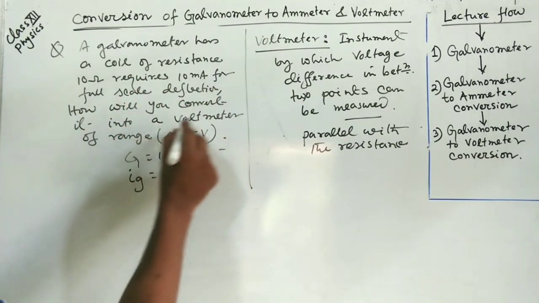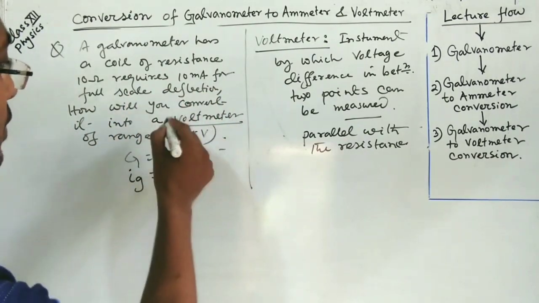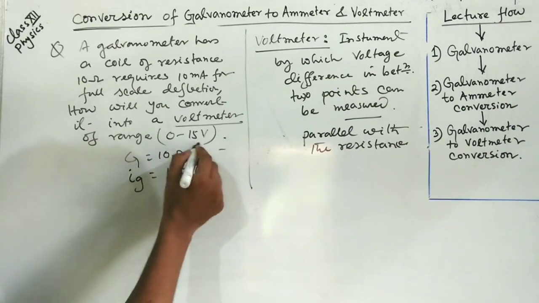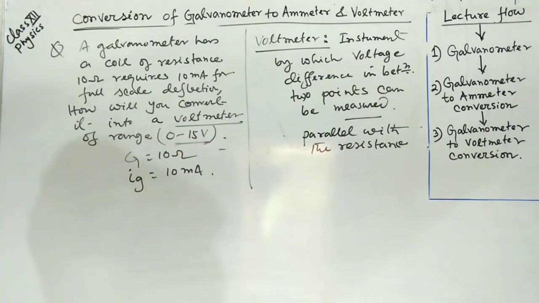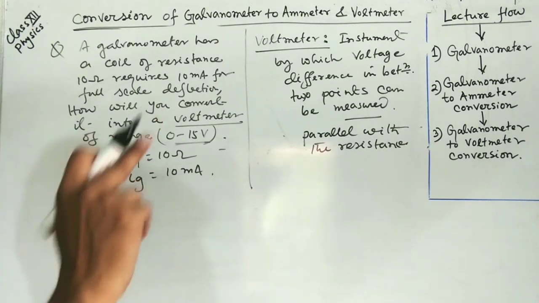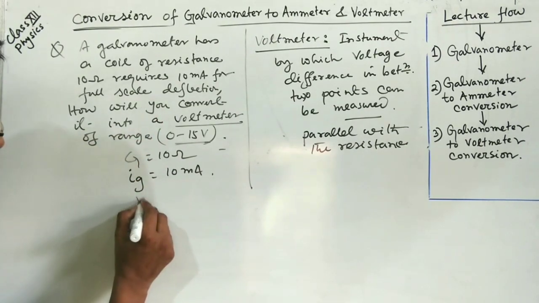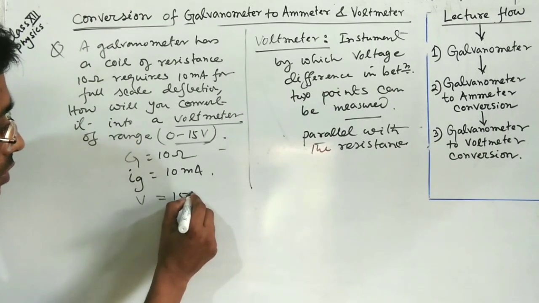And how will you convert it into a voltmeter? It should be a voltmeter of range 0 to 15 volts. So the maximum voltage allowable will be 15 volts, and we have to use it for a maximum voltage of 15 volt. So V is equal to 15 volt.